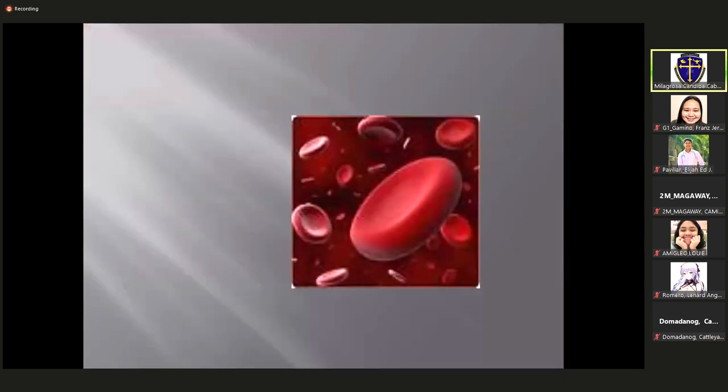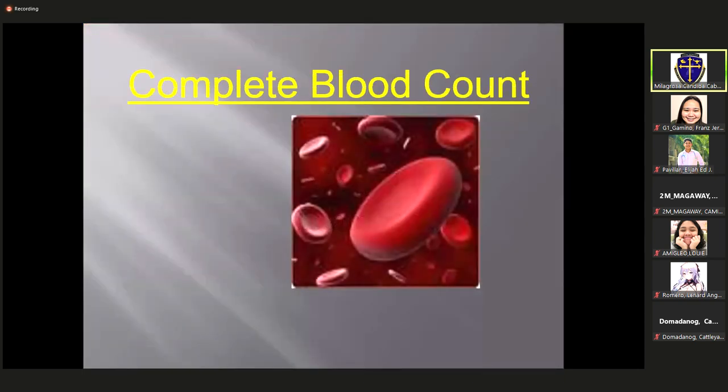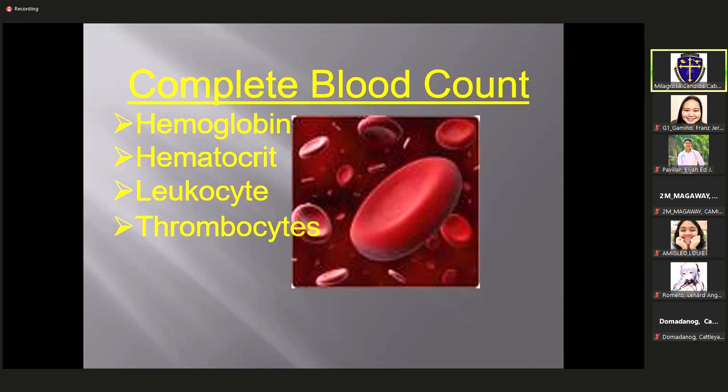The first screening would be your complete blood count, kasi this is a standard operating procedure ng hospital talaga. Because we wanted to know the hemoglobin count of the client. Yung hematocrit niya, the capability of the blood, no, to coagulate. Then, leukocyte count.